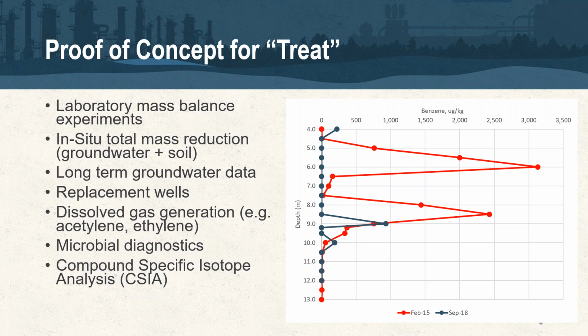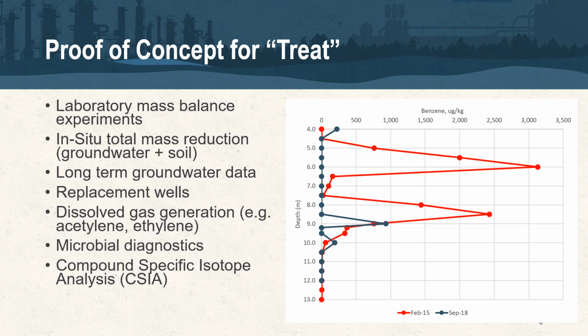Now this is a hydrocarbon site, but the same would obviously apply for a chlorinated site. The first thing I'll draw your attention to is the time frame between the samples. We're talking about 3.5 years in between these individual soil sampling programs.